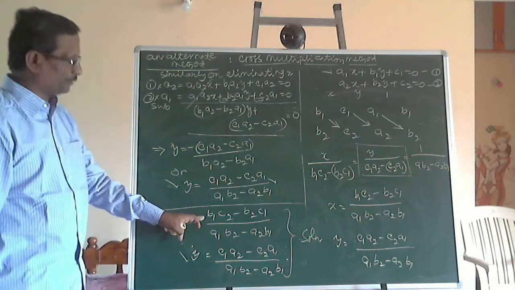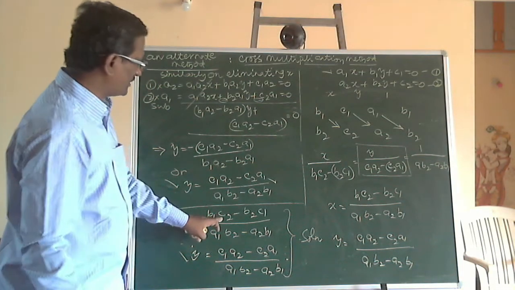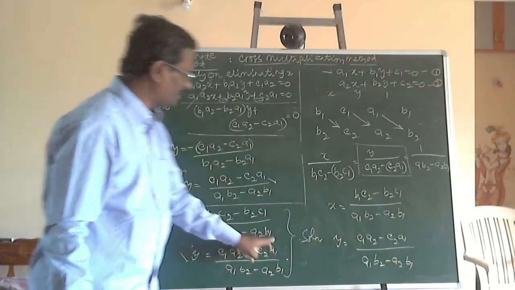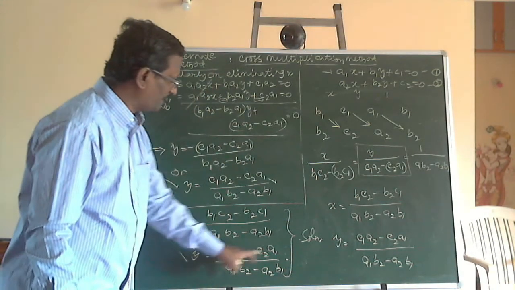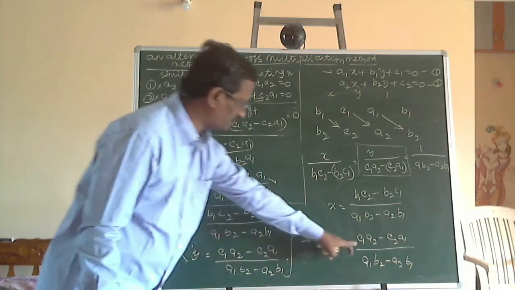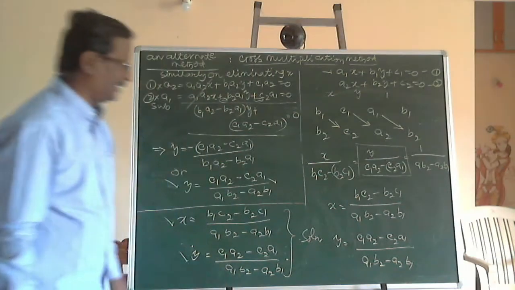Exactly the same. Look, the value of x is b1 c2 minus b2 c1 by a1 b2 minus a2 b1, and the value of y is c1 a2 minus c2 a1 by a1 b2 minus a2 b1. This is also the same.